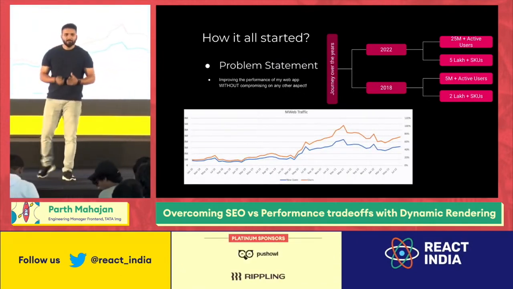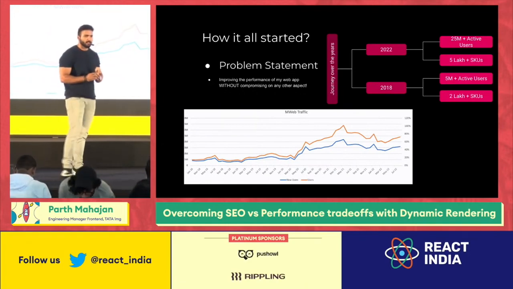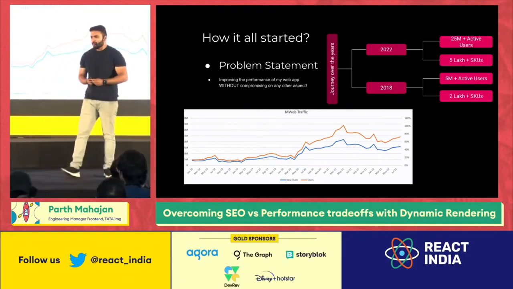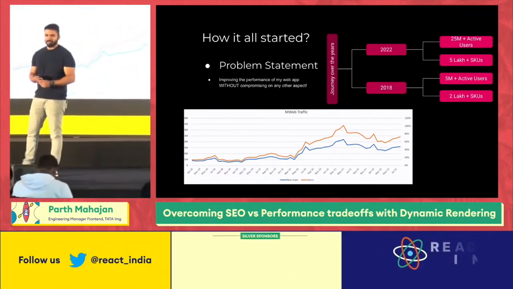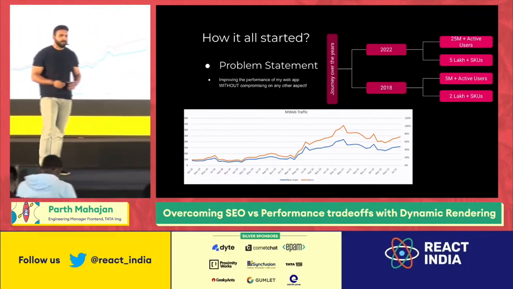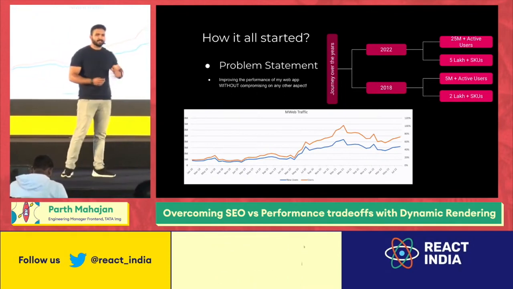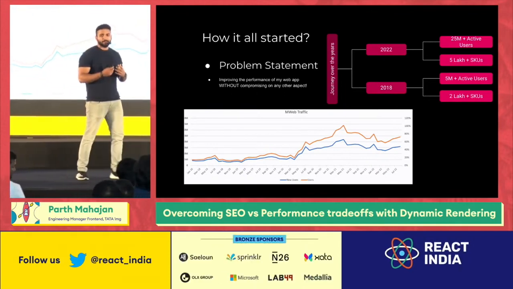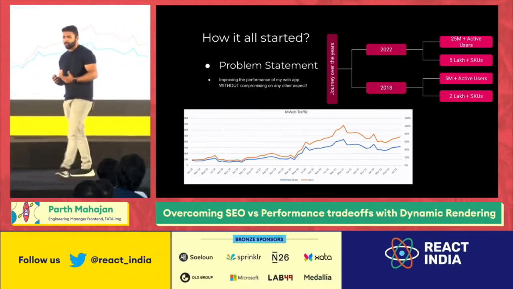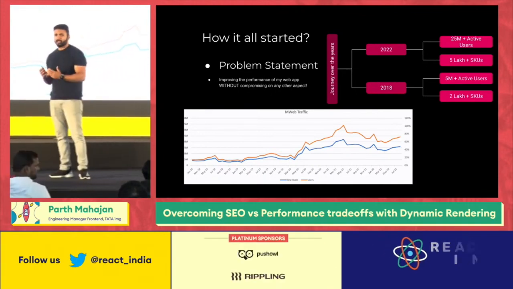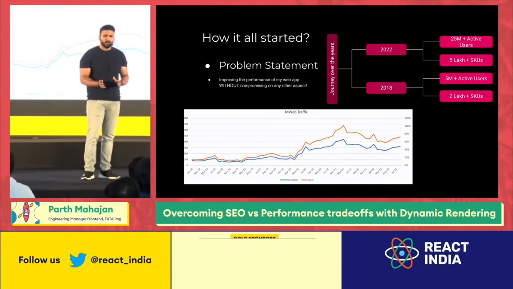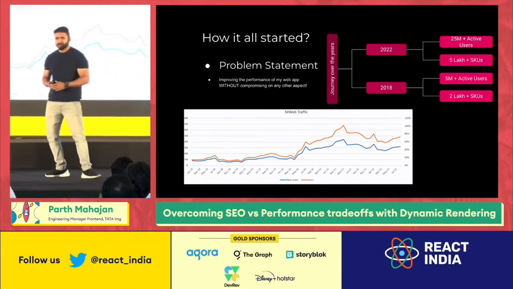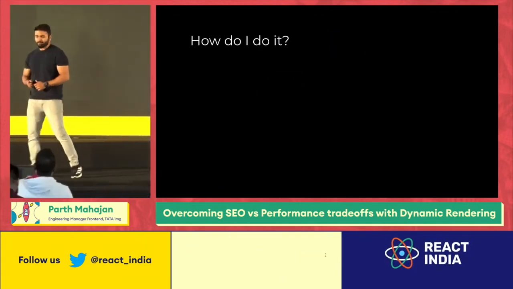We have been working on our performance and our SEO consistently for so many years, and that's why the result shows. Now at this scale, when you are getting so many requests per second, an RPM of, let's say, 35 to 40K, you cannot ignore either SEO or performance. You need everything. So how do I do that?